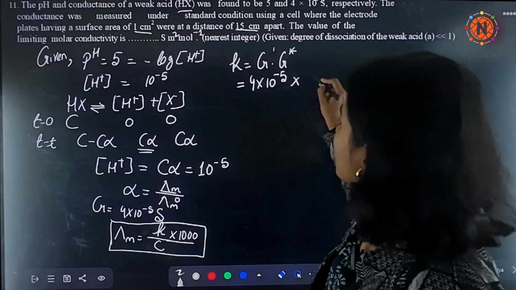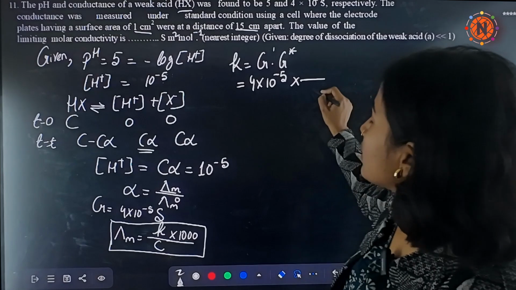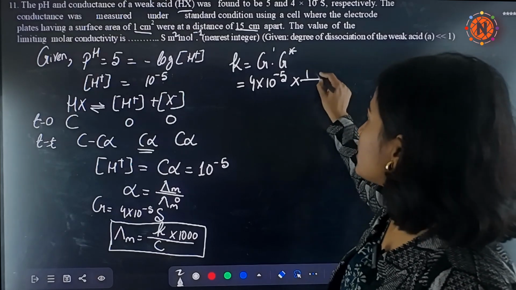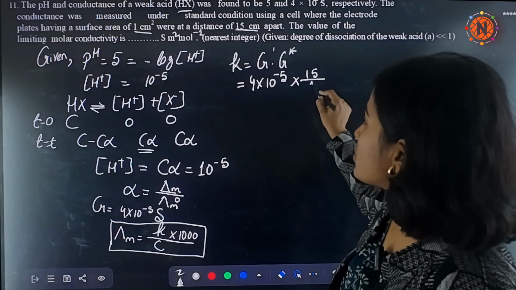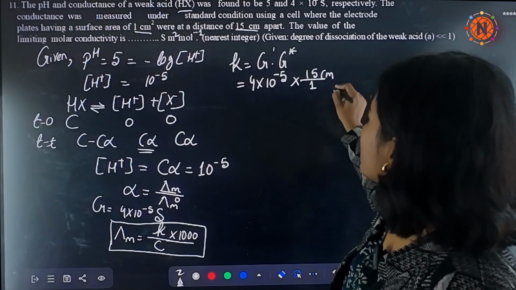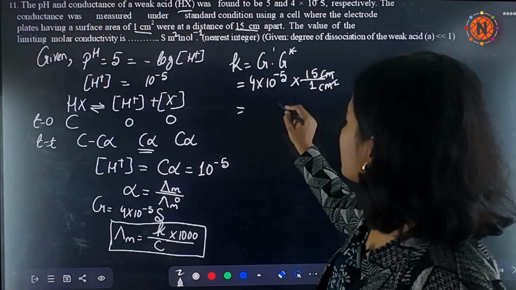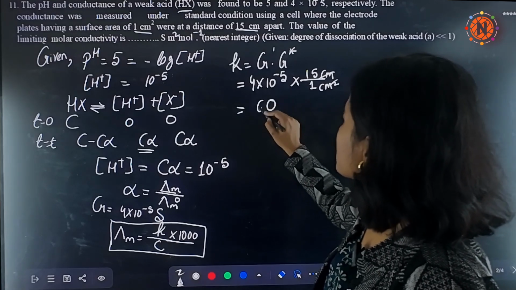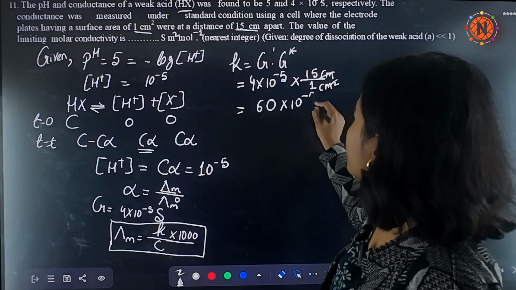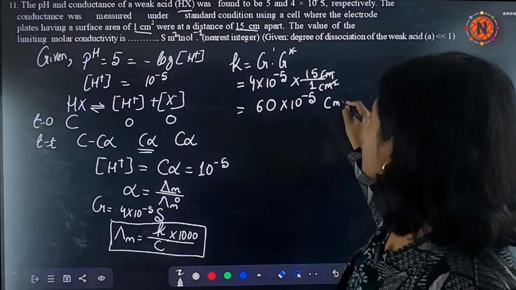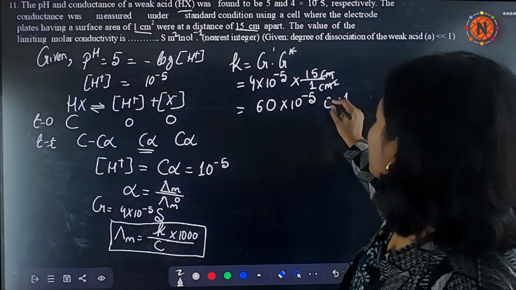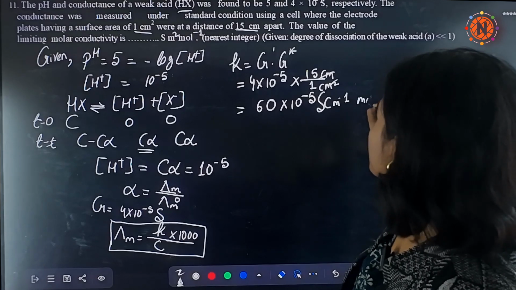Cell constant means length by area of cross section. So length is 15, area of cross section is 1. So the answer will be 6 into 10 to the power minus 5 Siemens centimeter inverse.